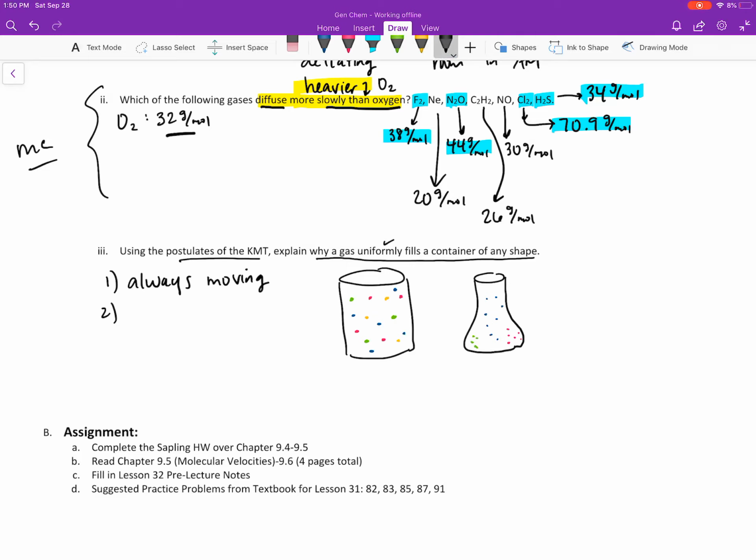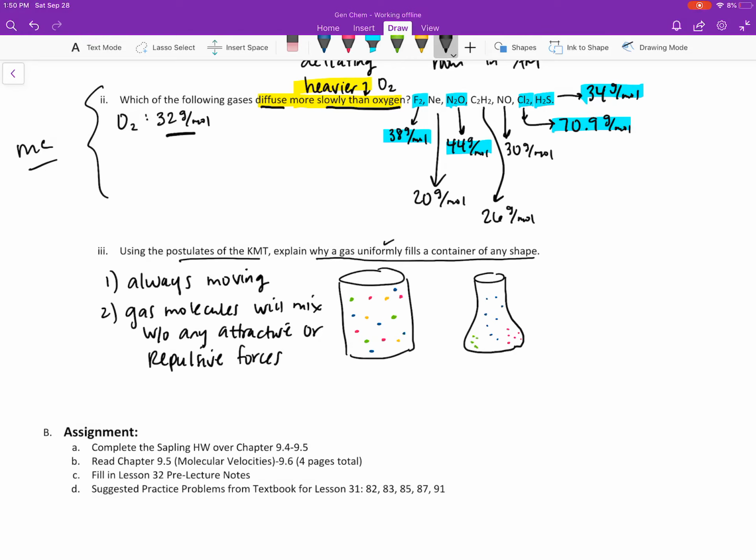The second thing that we have to accept to be true is that the gas molecules will mix without any attractive or repulsive forces.